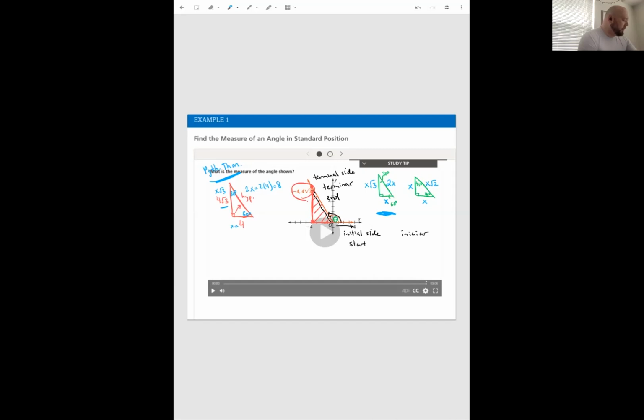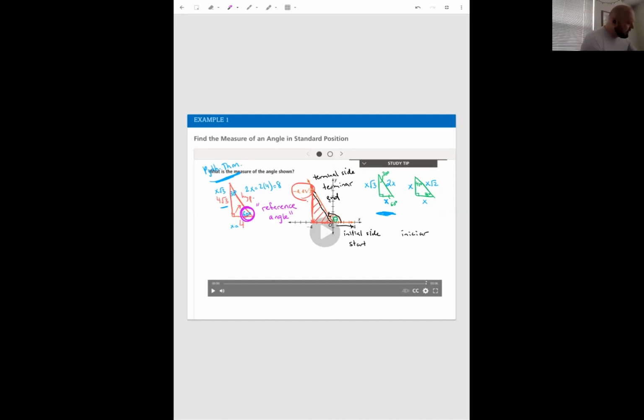Okay, so now that we know our angle in here is 60 degrees inside this triangle, first off, this angle in here, let me switch to another color. This angle in here is called a reference angle. And the reason it's called a reference angle is because it helps you refer to your angle theta, but it's not actually a part of angle theta.